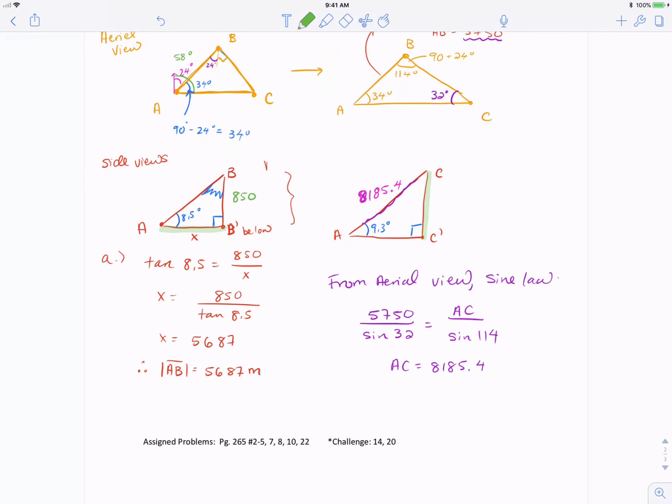Now, I can do my final step in this question. Remember, it was a long one. It wanted to know what was the vertical height from C above A. So in that situation, I now have a hypotenuse and I want to solve for opposite. So the sine of 9.3 degrees equals opposite, let's call that y, over hypotenuse.